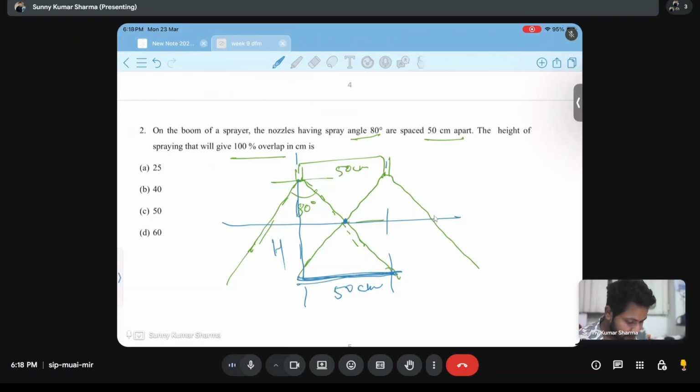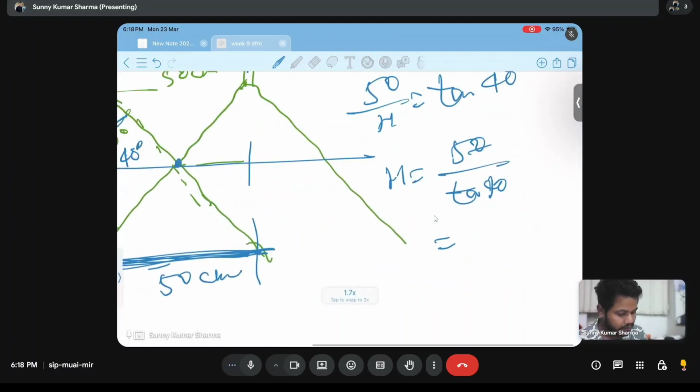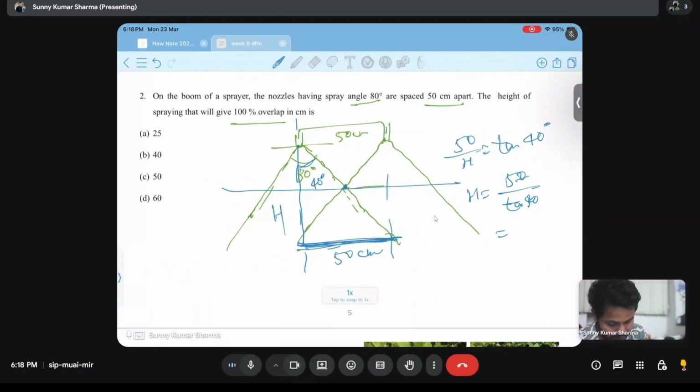This height and this 50 centimeter, and this will become 40 degree. So 50 by h is equal to tan 40 degree. So h will become 50 by tan 40, which I guess is 60. So height will be 60 centimeter. At this height we will get 100% overlap.